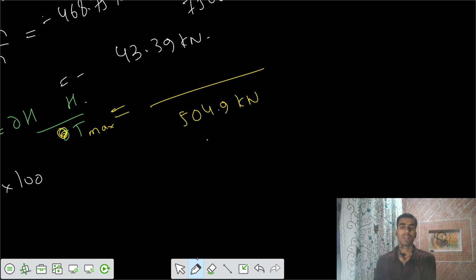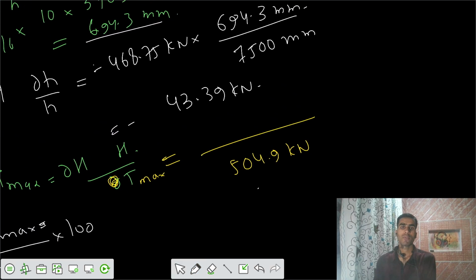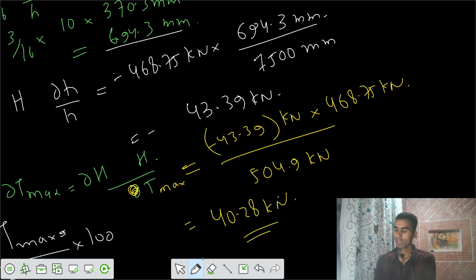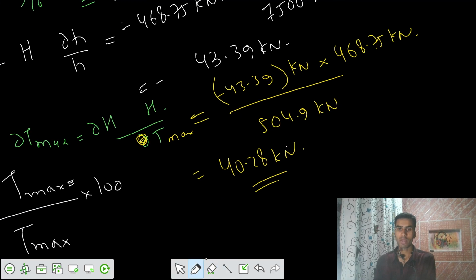And we have the change of horizontal, minus 43.39 kilonewton. And what was the initial horizontal reaction? 468.75 kilonewton. So change in Tmax is equal to 40.28 kilonewton, which is also negative.